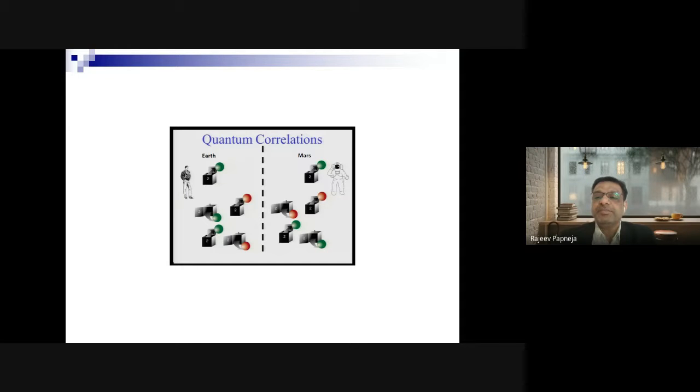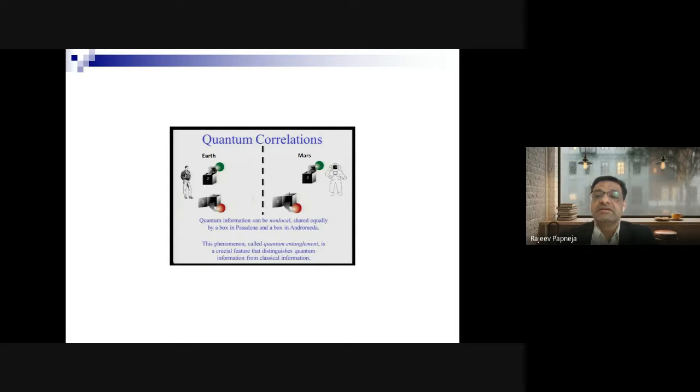So there are really 4 perfectly distinguishable ways in which a box on Earth could be correlated with the box on Mars, because we could see either the same color or different colors when we open door number 1 or door number 2. And we have chosen one of those 4 possible ways. That's 2 bits of information stored in the 2 boxes. But what's unusual in this case is that the information is completely inaccessible locally.